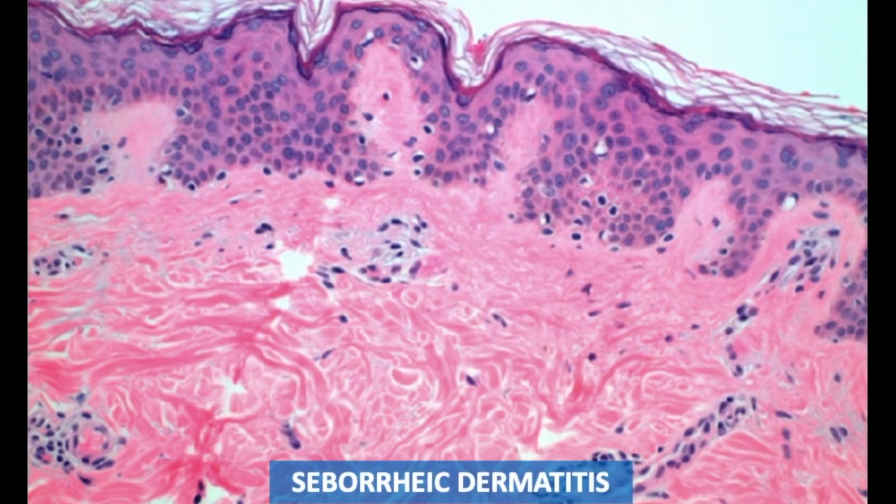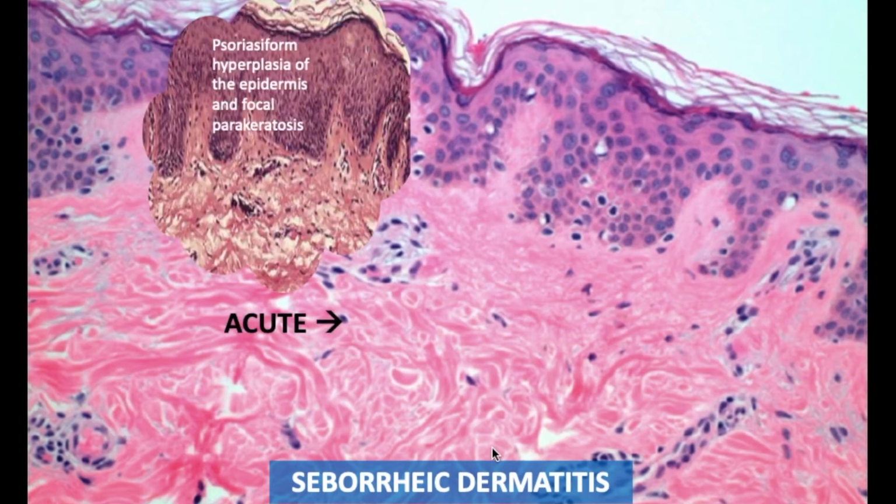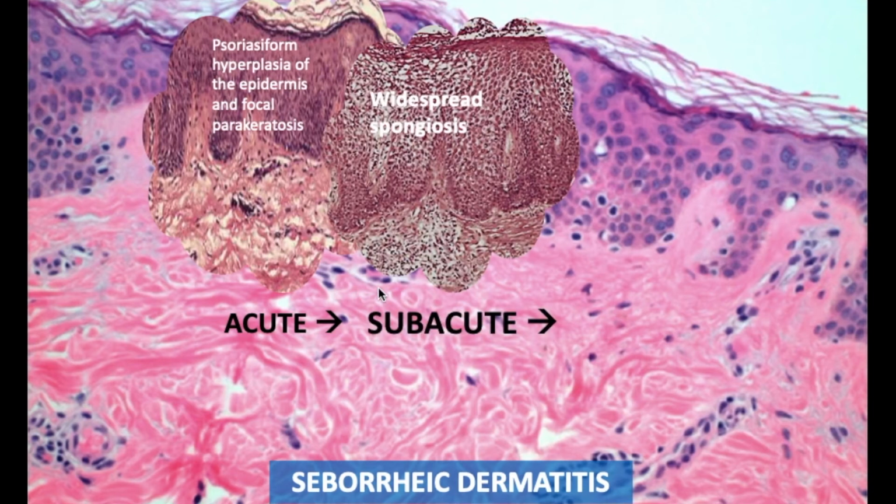Seborrheic dermatitis also has a specific feature, depending on what time of the lesion you biopsy. If you biopsy in the acute stage, you will see psoriasiform hyperplasia of the epidermis along with focal parakeratosis. When you biopsy in the subacute phase, you start seeing widespread spongiosis.